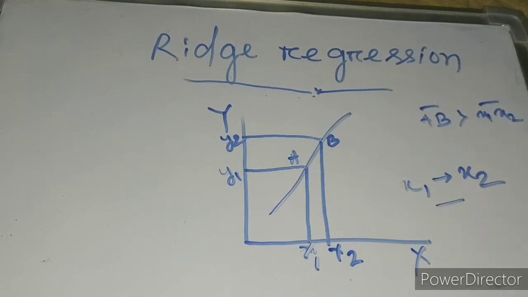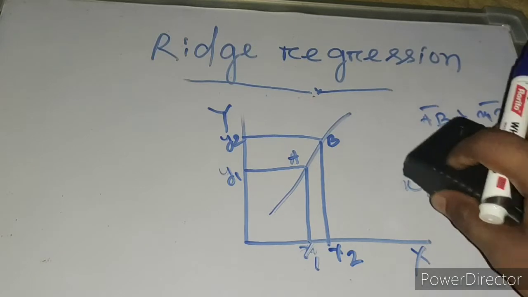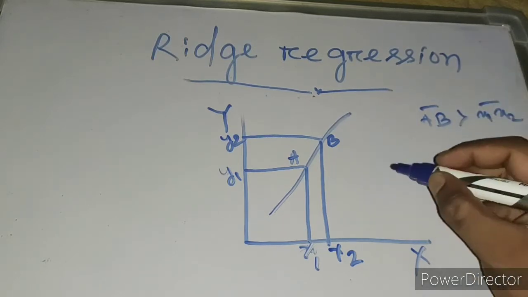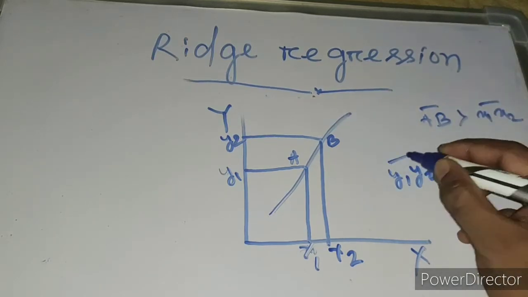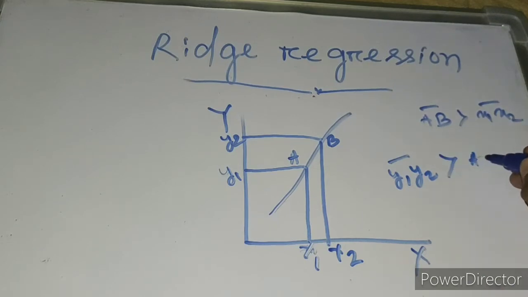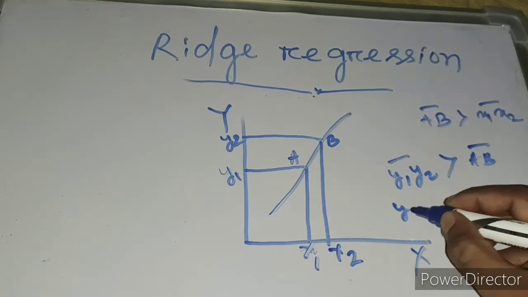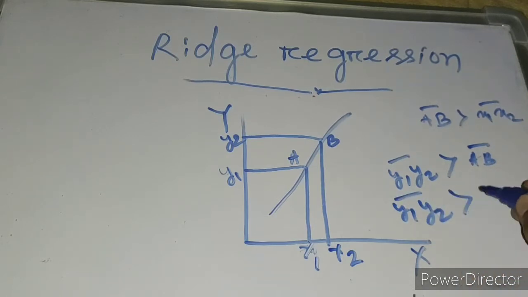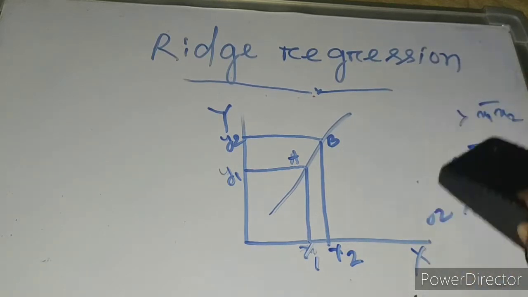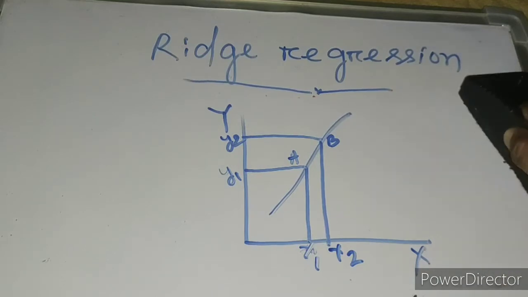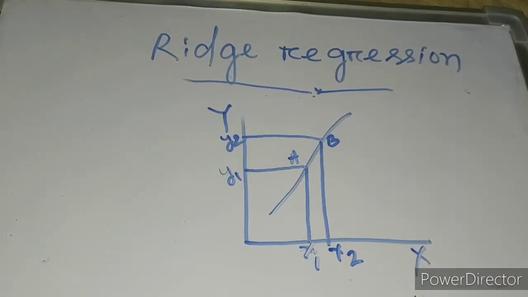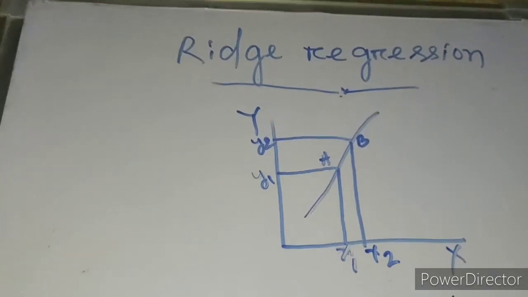Similarly, the y1 y2 line is quite greater than AB. So the y1 y2 line is extremely greater than x1 x2. What does this result in? I will tell you how this is quite bad for our model.